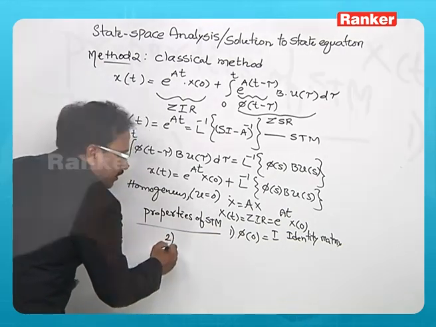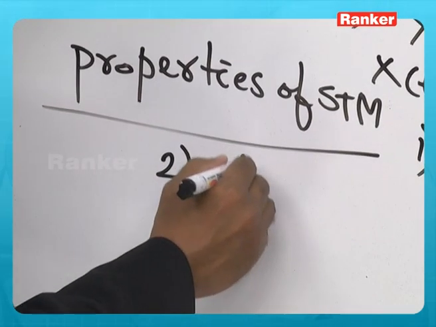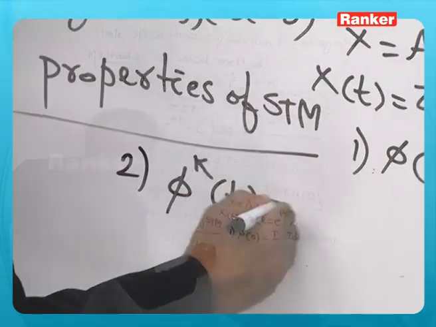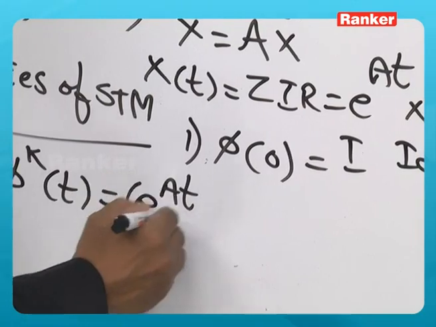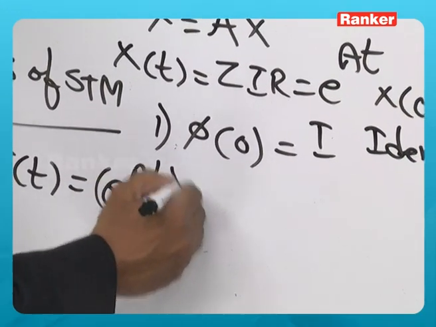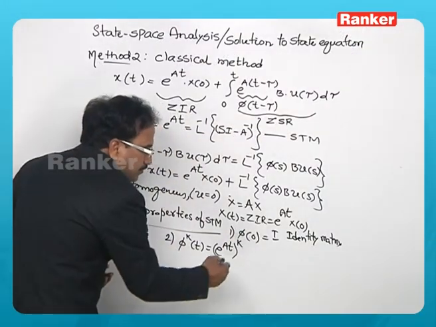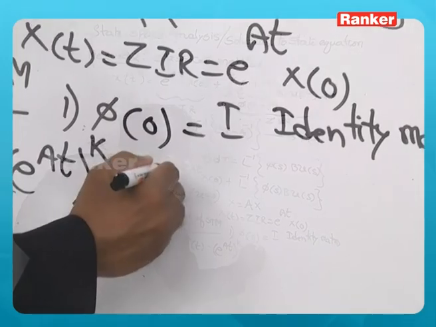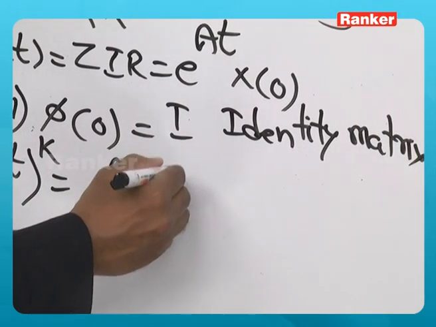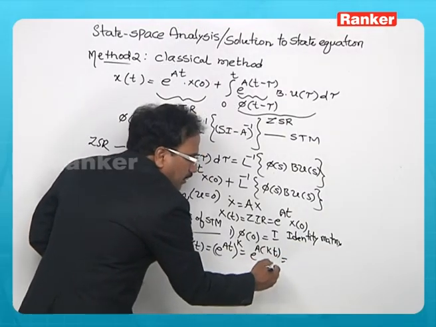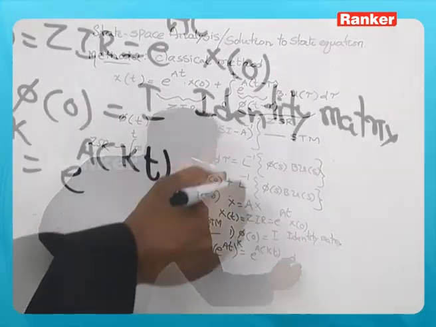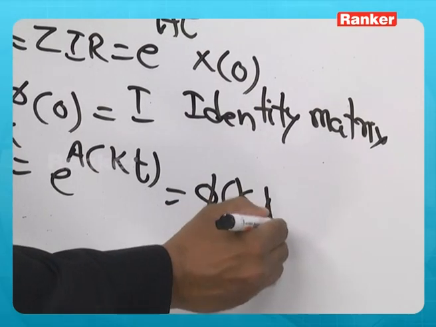The second property is phi power k of t, which is equal to e power A t, the state transition matrix, whole power k, and this is equal to e power A into kt. So this can be written as phi of kt.